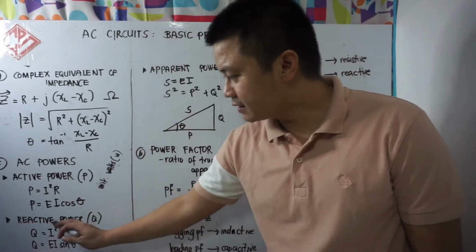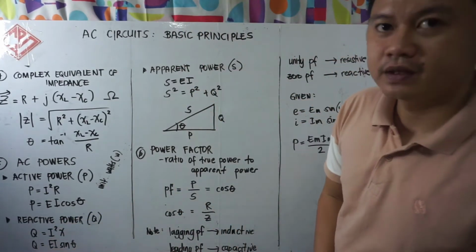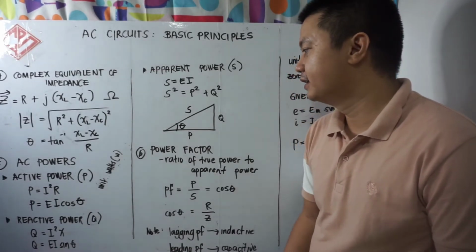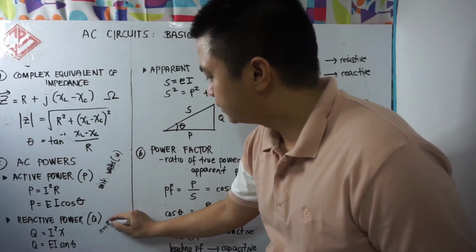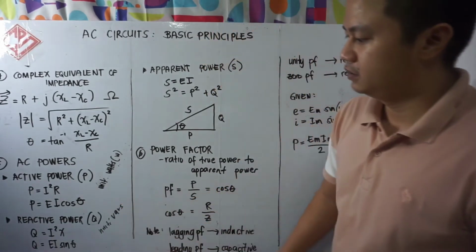Q is equal to I squared X, or the reactance, or Q equals EI sine theta. The unit is VARs.